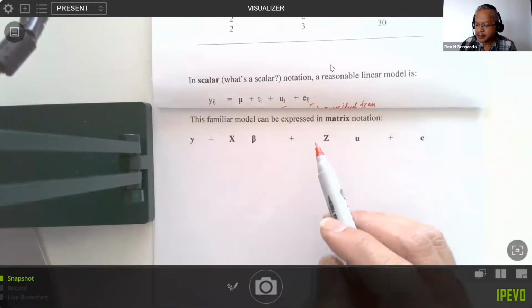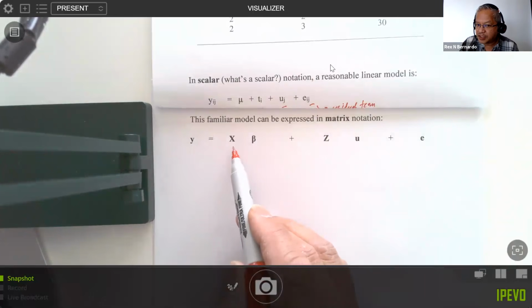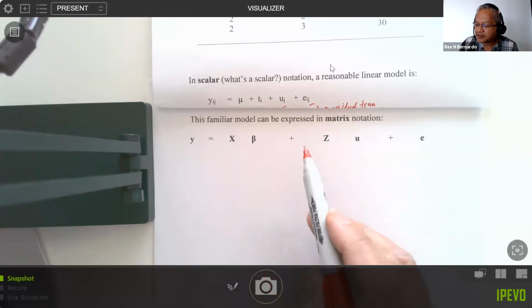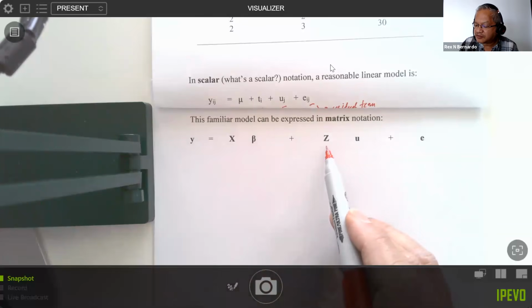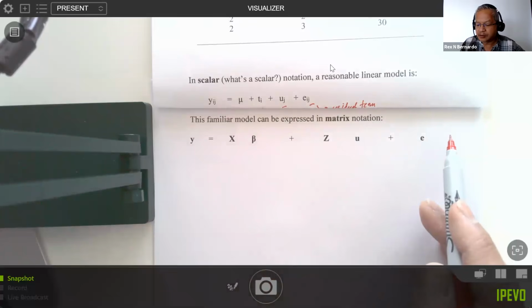You have Y, a vector, equal to an incidence matrix called X multiplied by B, my beta, plus Z, an incidence matrix, times U plus E.